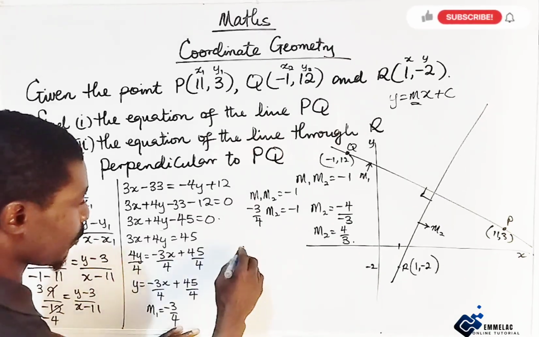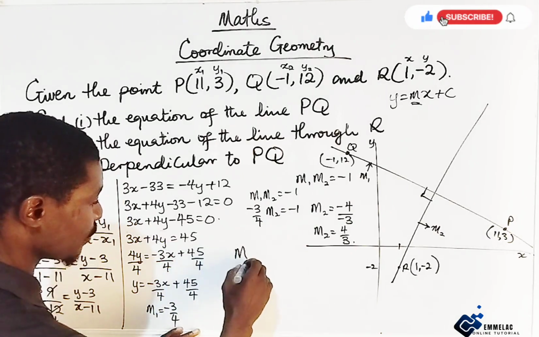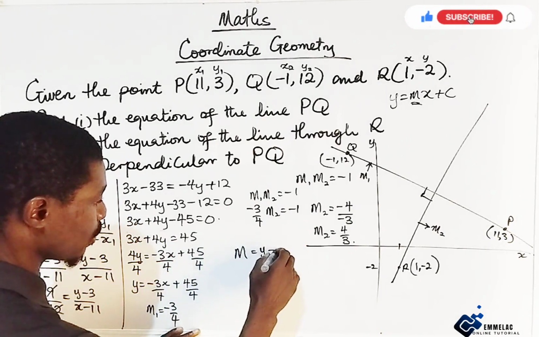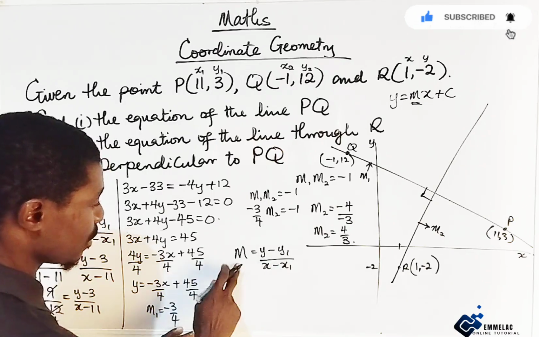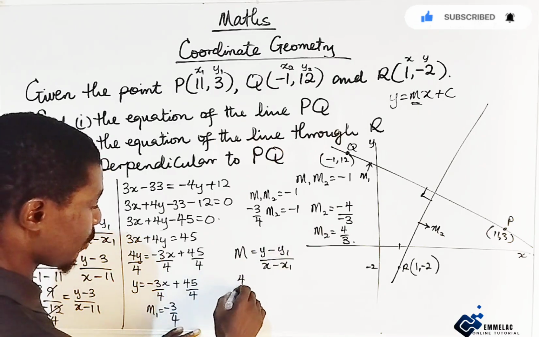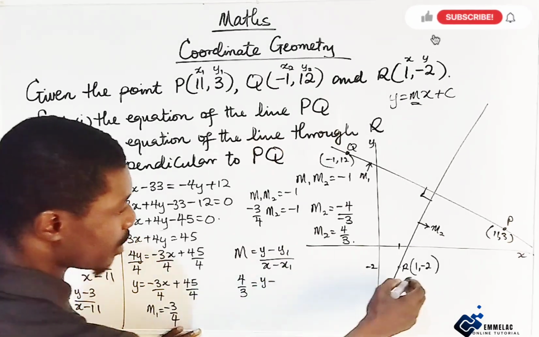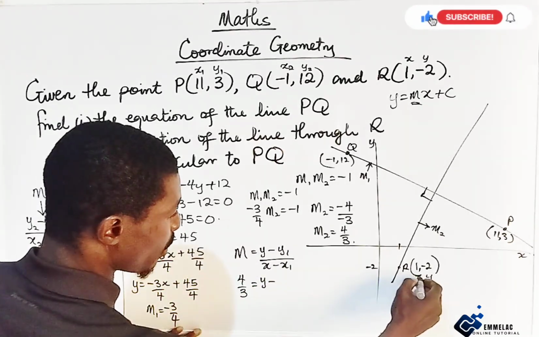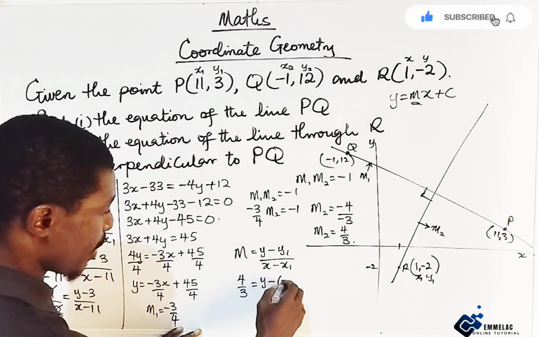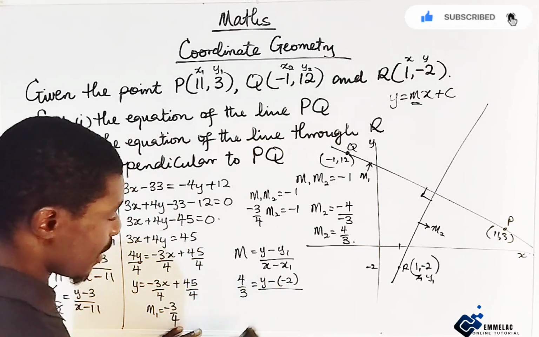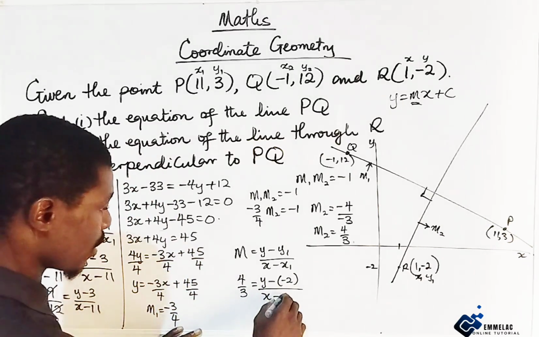Okay, now that we've gotten the gradient for this line, let us find the equation. The gradient at one point has this formula: y minus y1 all over x minus x1. So now the gradient is 4 all over 3, which equals y minus y1, this is x and y. So y1 is minus 2, all over x minus 1.